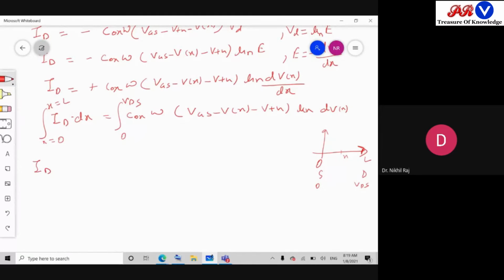So it will be ID into the x limit 0 to L, and we'll take the constants outside the integration part. mu n is constant, Cox is constant, W is constant, and we have to do integration of this factor, that is VGS minus VTH into dV, and then minus integration of V dV, 0 to VDS.